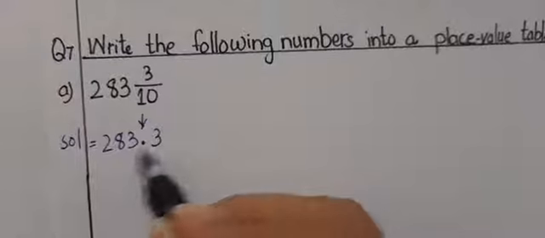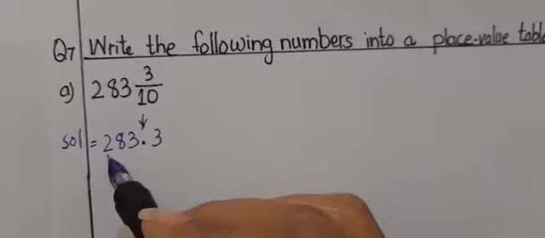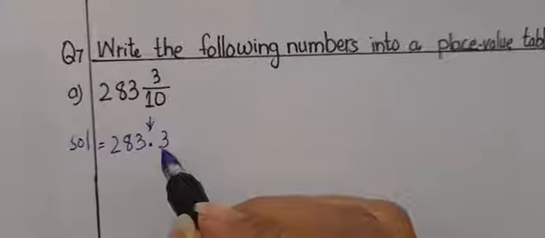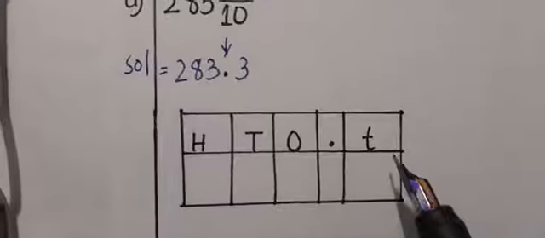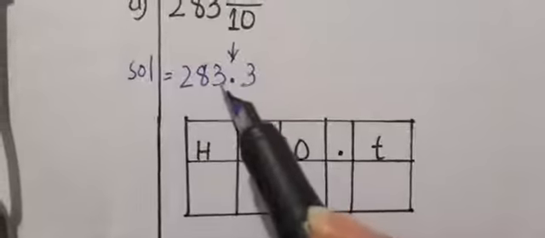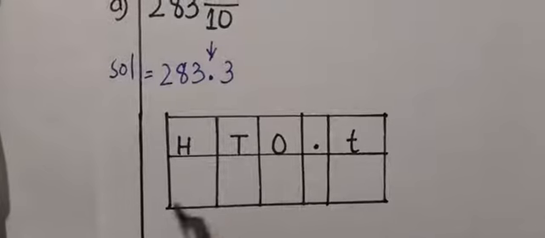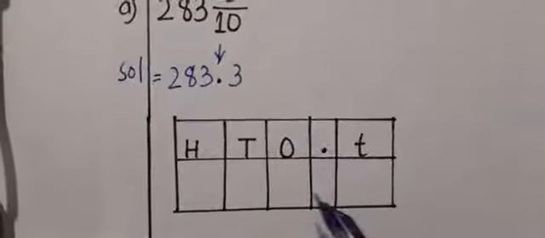So how many place values will I make? I will draw hundreds, tens, ones, decimal point, tenths. Here you can see boys, I have drawn the place value table. 3 places before the decimal point, there are 3 places, 1, 2, 3, and 1 place after the decimal point.